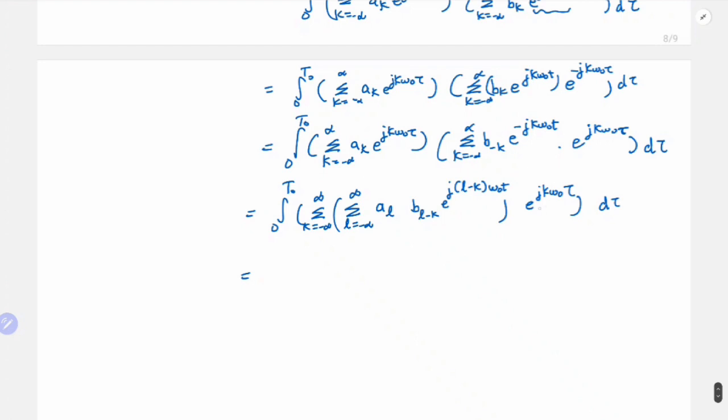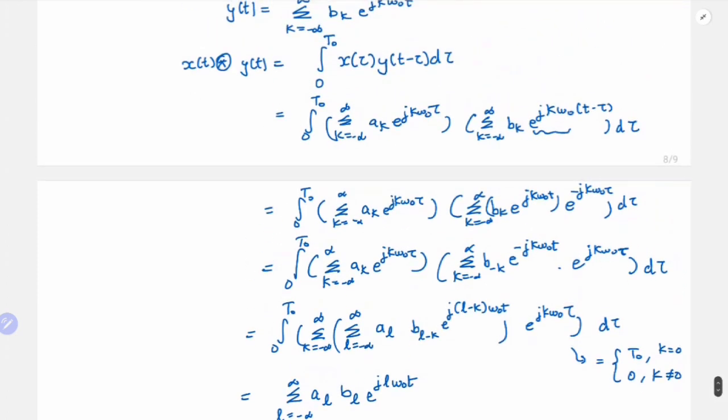So now we know again that if we take the integral, only tau is coming here. So this will again be equal to t naught for k equal to 0 and 0 for k not equal to 0. So in this summation, we can just substitute k equal to 0 directly, because that is the only term that is going to remain. So BL e power jL omega naught t.